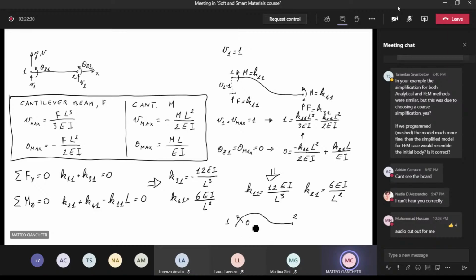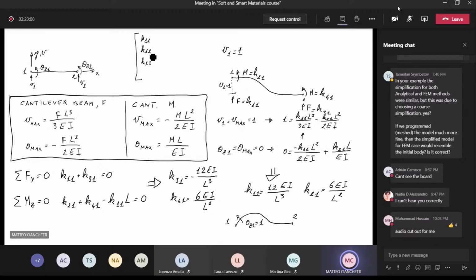So theta Z1 equal to 1. Of course, when you want to define the last column, you have to activate the rotation about node 2, and what you will have is the symmetric problem of this, right? So column by column, you can use these elements to define your final stiffness matrix, where you have K11 here, K12, K13.